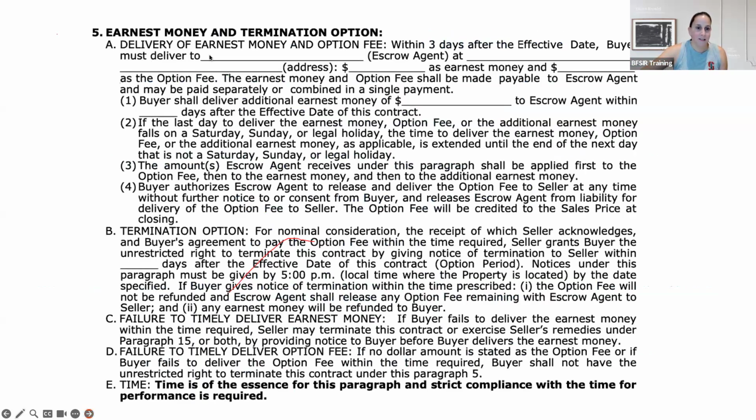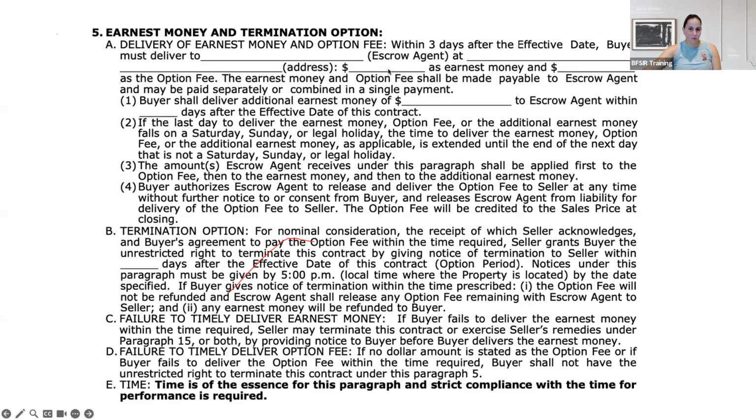Delivery of option and earnest within 3 days: the buyer will deliver to the title company, at the title company's address, this much earnest money and this much option fee. Guys, last week I had my second situation where the agent mixed up earnest and option. They were going back and forth and had negotiated a different amount of earnest money, and the buyer's agent, who did not work for us, thank goodness, wrote the new amount of earnest money as the option fee.